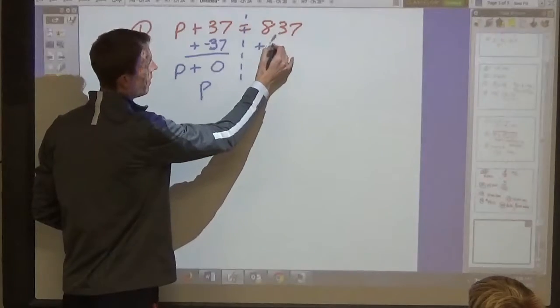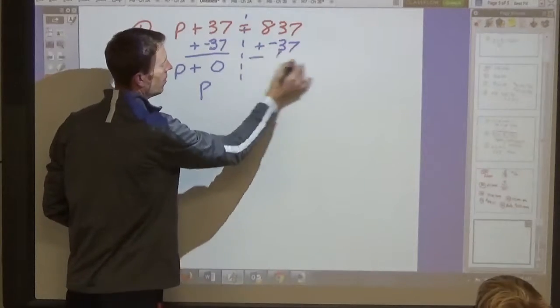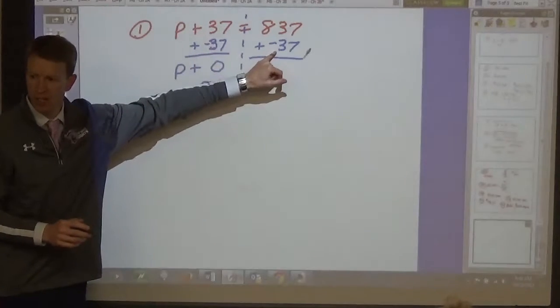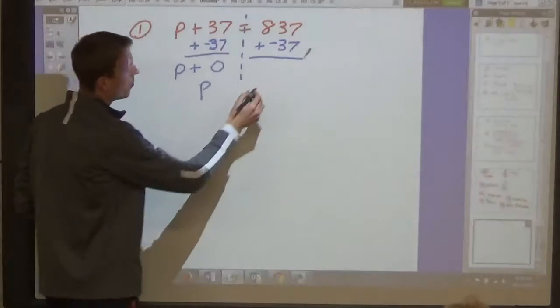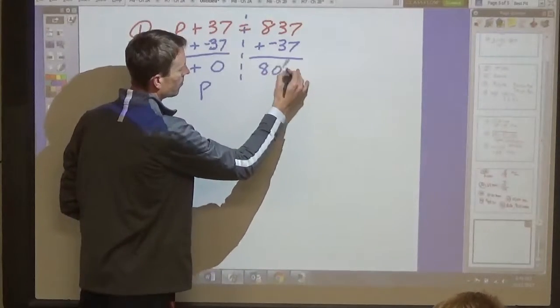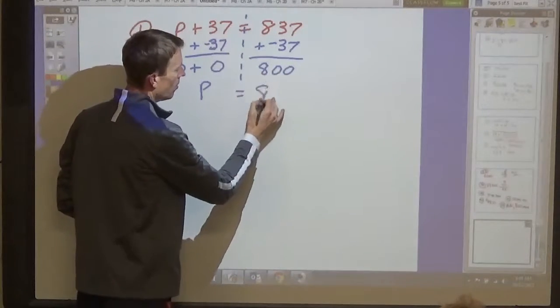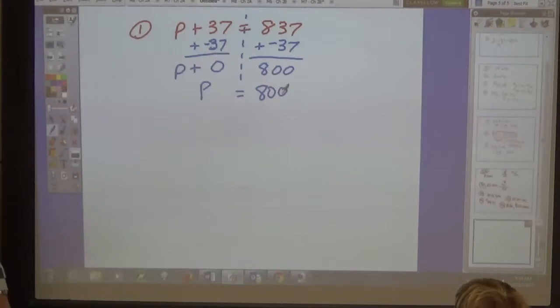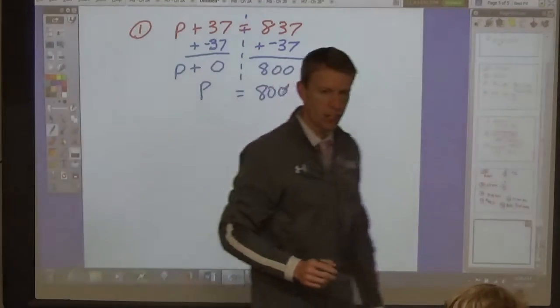You have to do the same thing on the other side. So notice we're adding the exact same number to the other side in order to prove the solution. So we found the solution, P equals 800. Okay? Now, the last step in this is to check the solution.